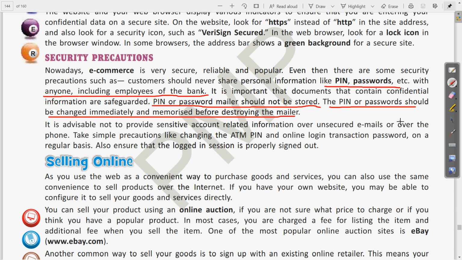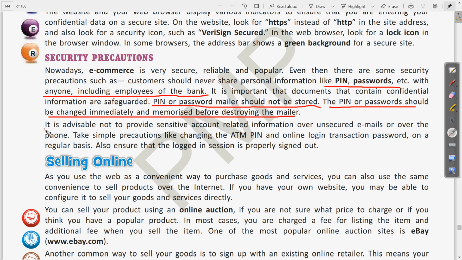Clear? Whatever default PIN or password is provided the first time, after keeping this information with us, it should be changed immediately. Clear? So that the earlier password should not be used by anyone.